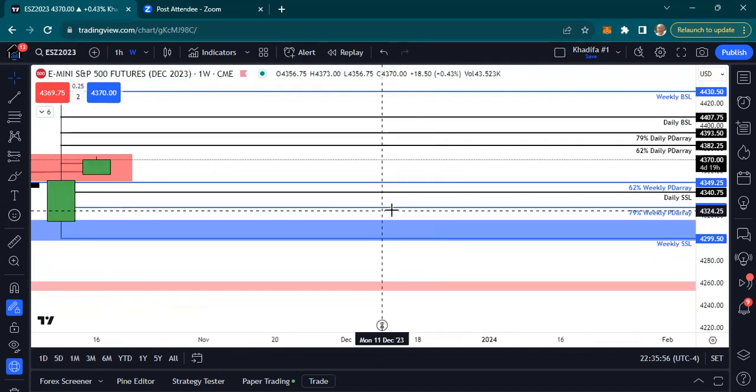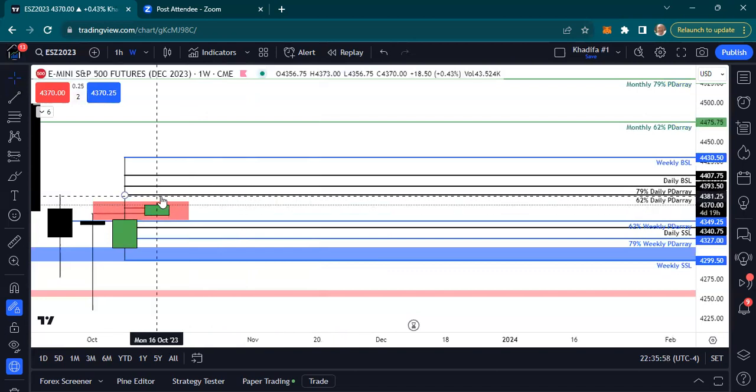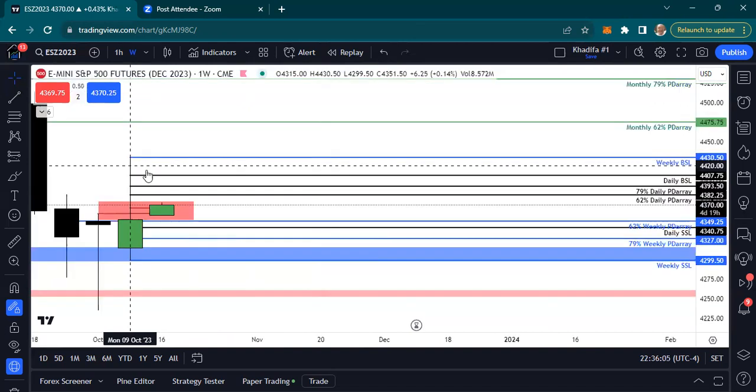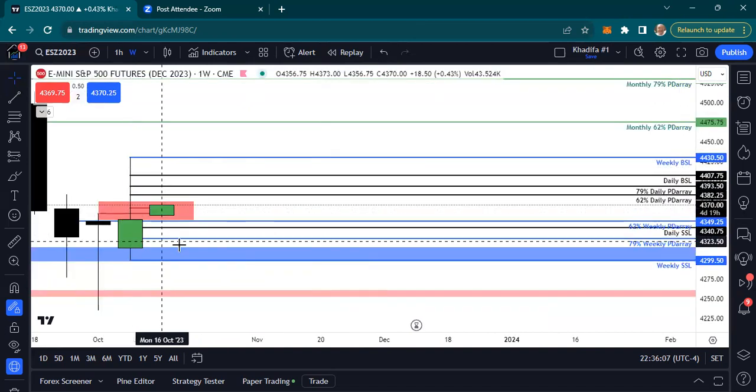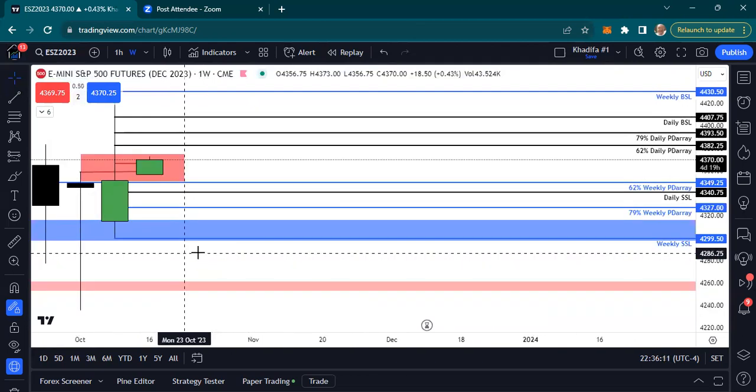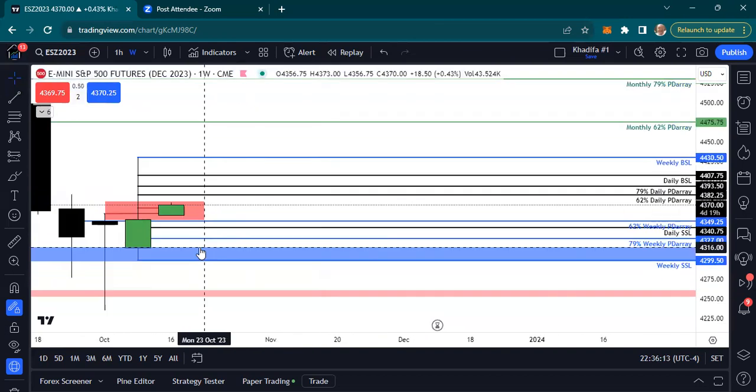So that's what I'm expecting out of ES, right? And if we don't even make it up to these daily PD array levels, I would love to see that. I would just want to see us break below the weekly PD array levels, right?